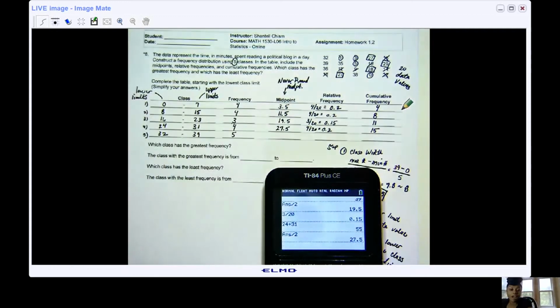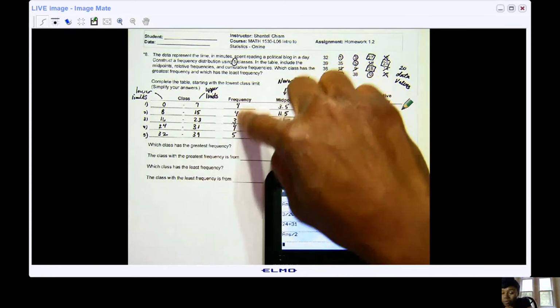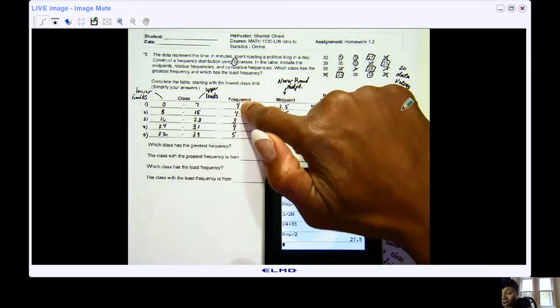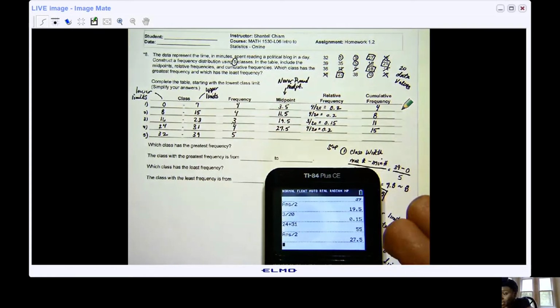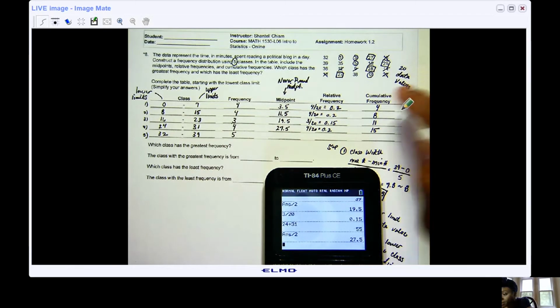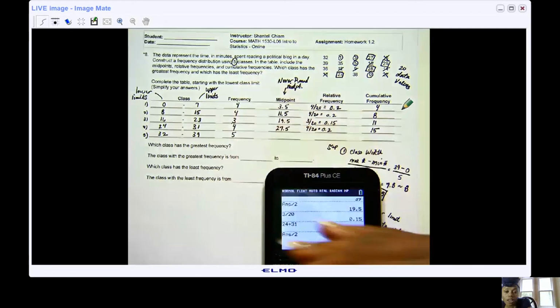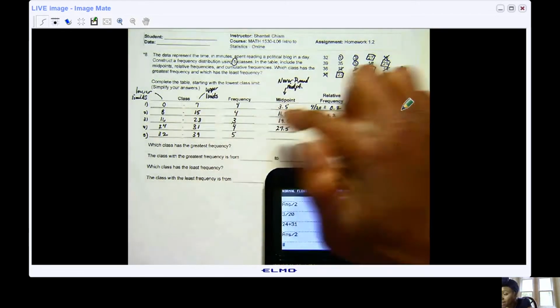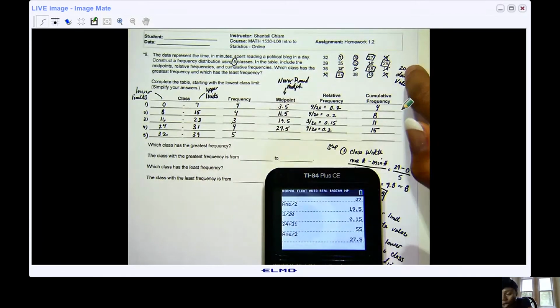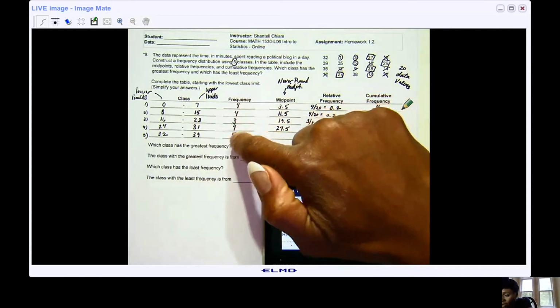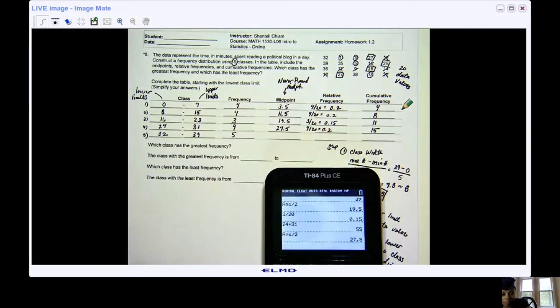So class number 5 has a frequency of 5. And you can verify that these frequencies are correct because they are together supposed to add up to give you 20. Remember, when we find the frequency, we're just partitioning the data values into a class, so you should not have any more than the total number of data values that you have. So 4, 4, 3, 4, and 5 should add to give us 20.